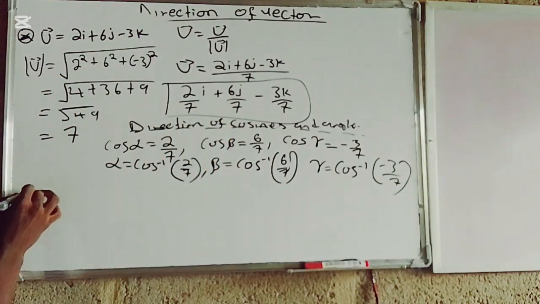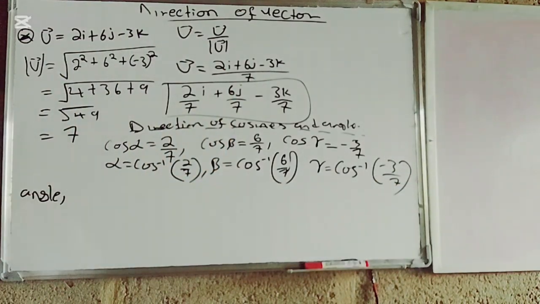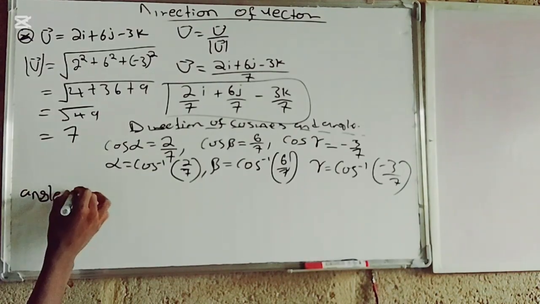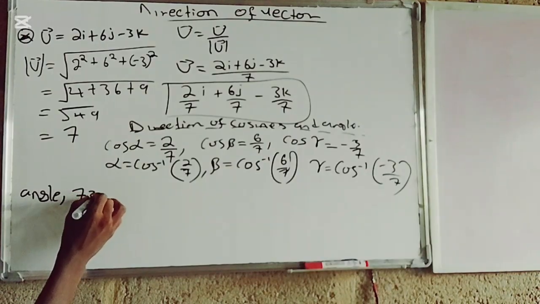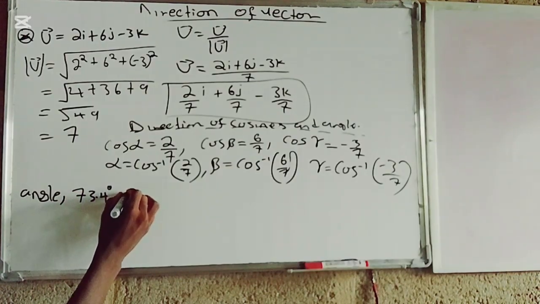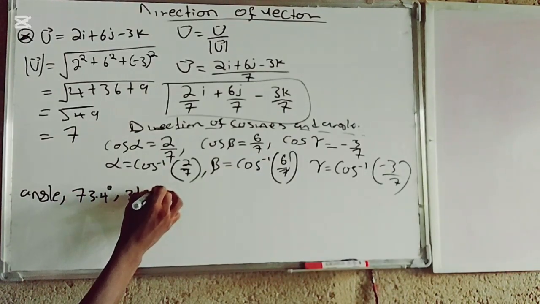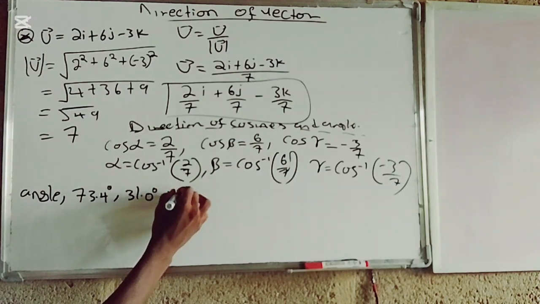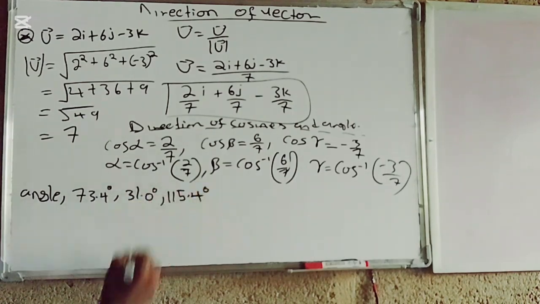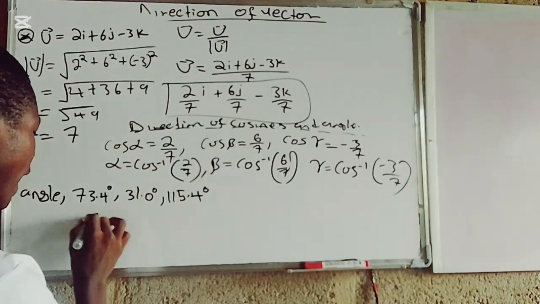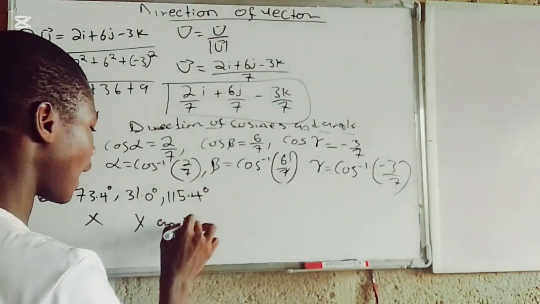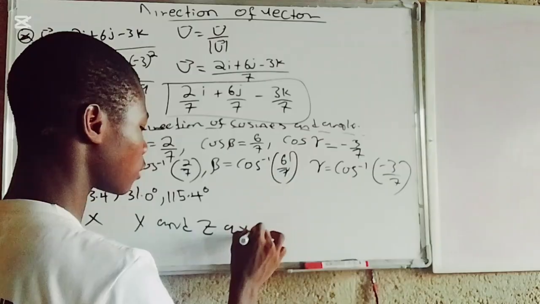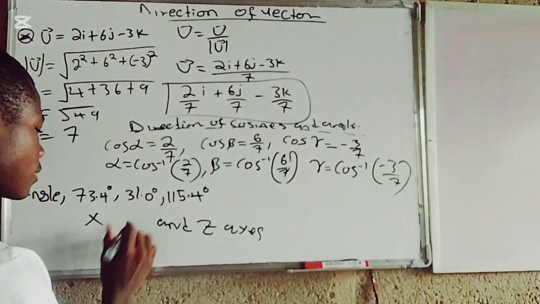So at the end, the angles will be: if I take the cos inverse of 2 by 7, I'll get 73.4 degrees, and 31.0 degrees, and 115.4 degrees, to the x, y and z axis.